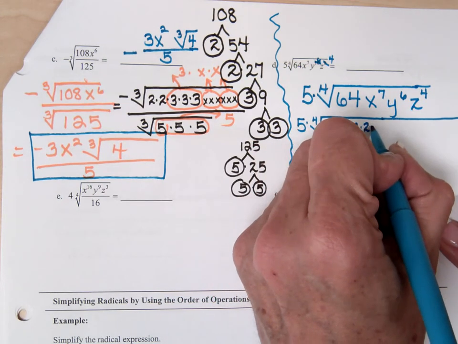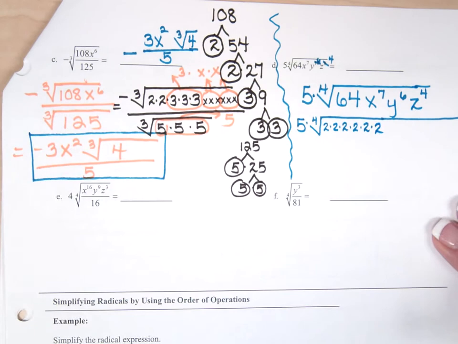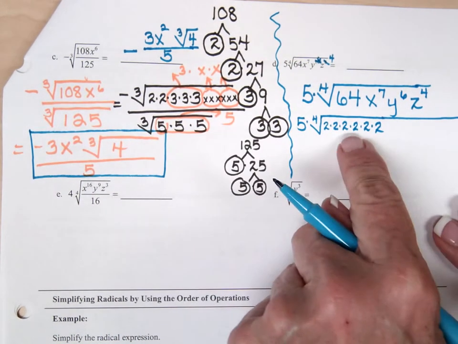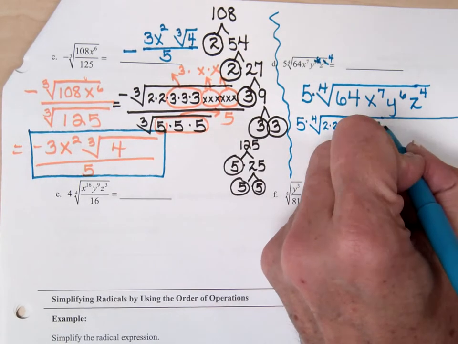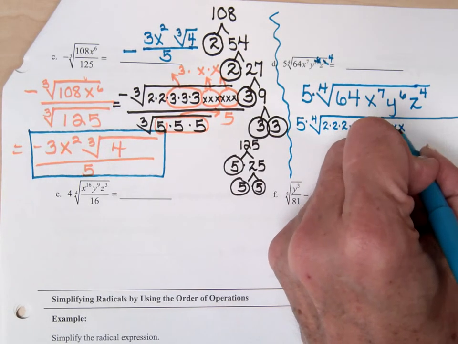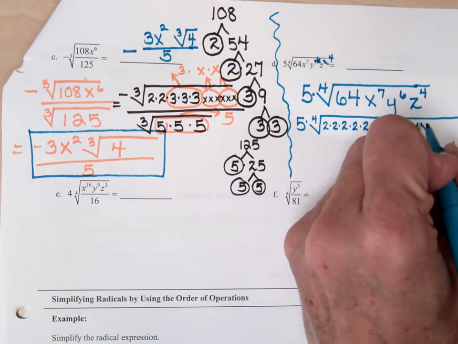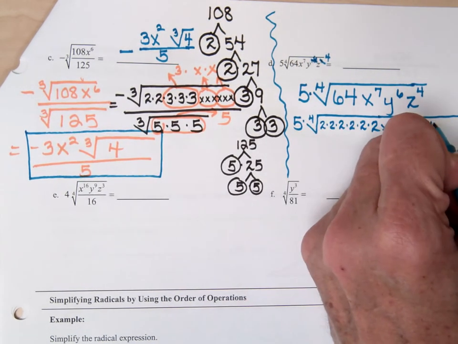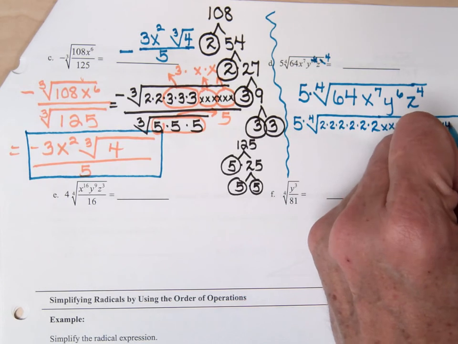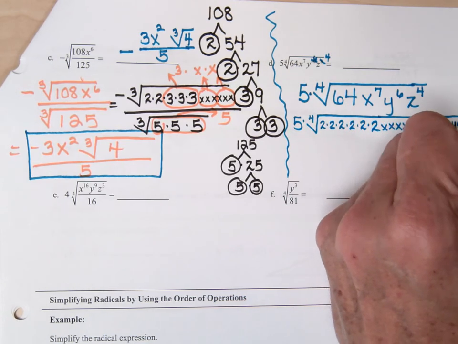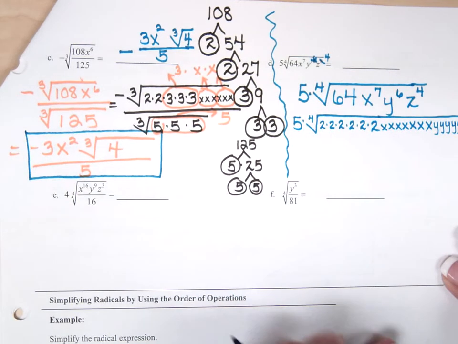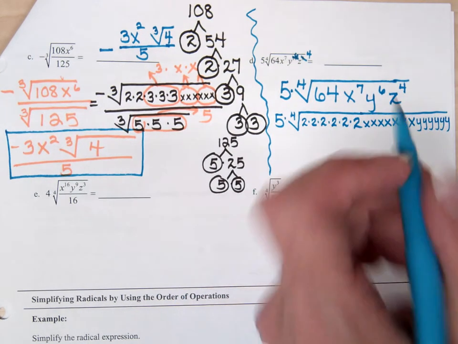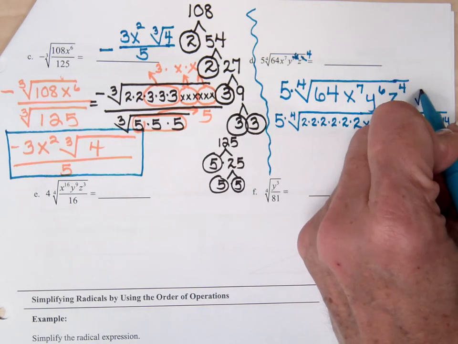And if you didn't remember that, you would just do a tree just like we did earlier. 7 x's. 6 y's. Running out of room there, aren't we? And 4 z's. I'll put those up here. And this is the 4th root.